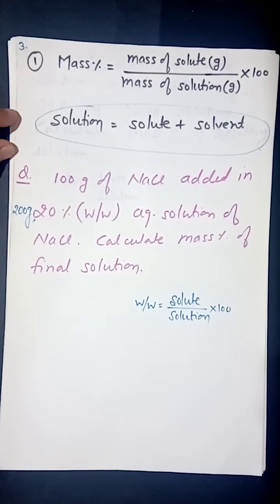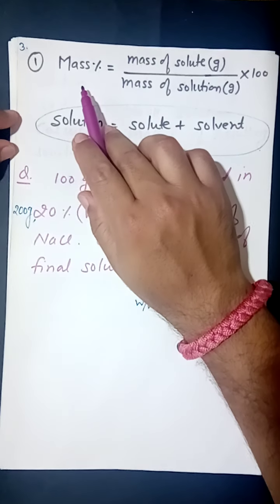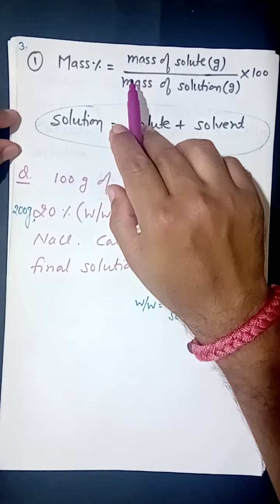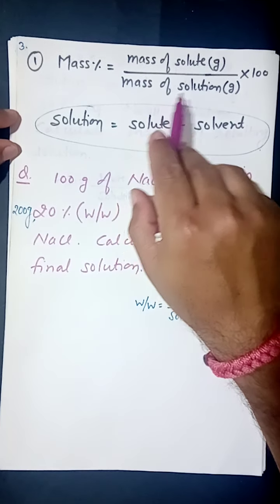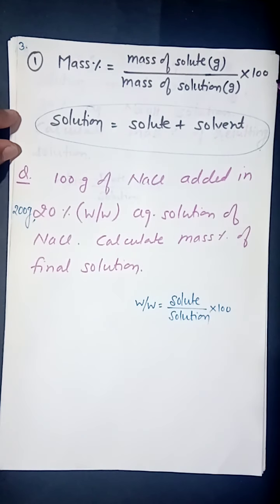Now the formula to calculate mass percent is equal to mass of solute divided by mass of solution into 100. They both must have the same unit, either gram or kilogram. Generally in chemistry we use the CGS system, because whenever you do practicals in the laboratory, we do not require quantity of substance in liters and kilograms.